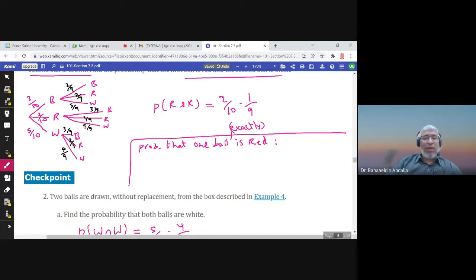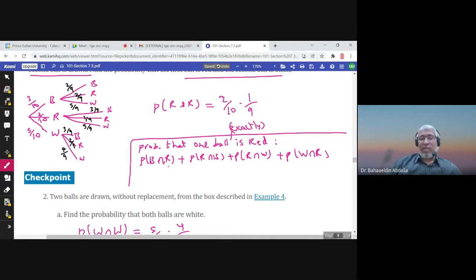So a red ball could come from BR. So this would be the probability of B and R, plus also from here, R and B. Also it could be R and white, the first red and the second white, or it could be white and R. So here there are 4 possibilities.